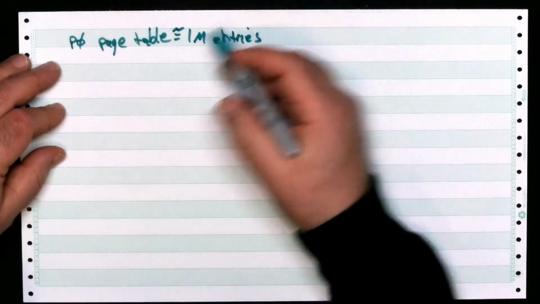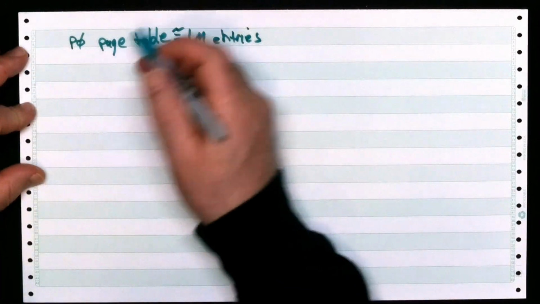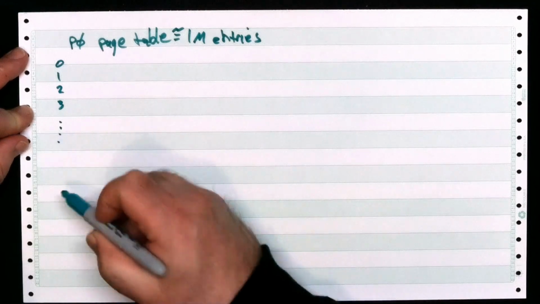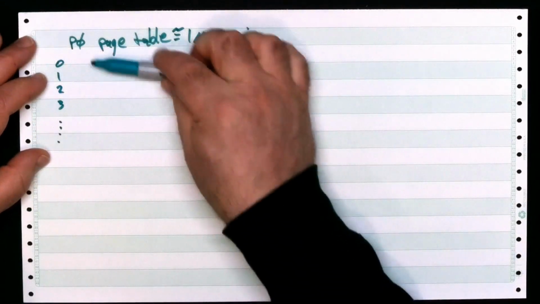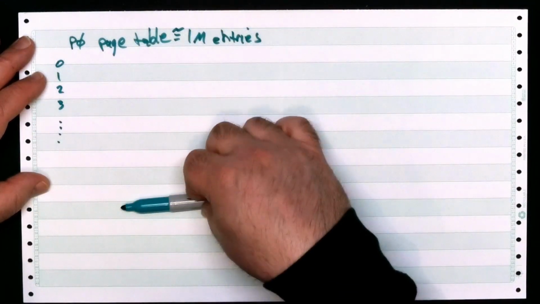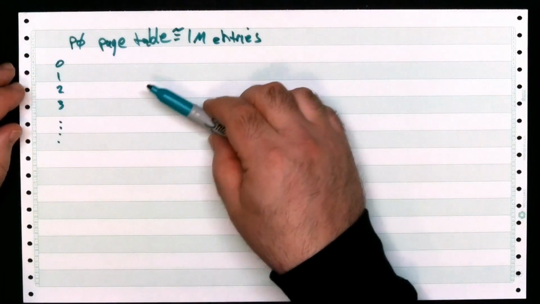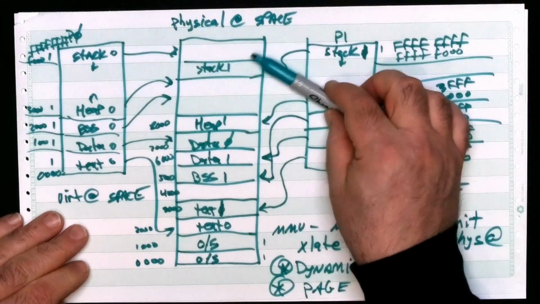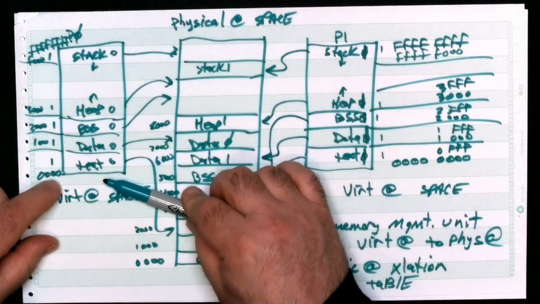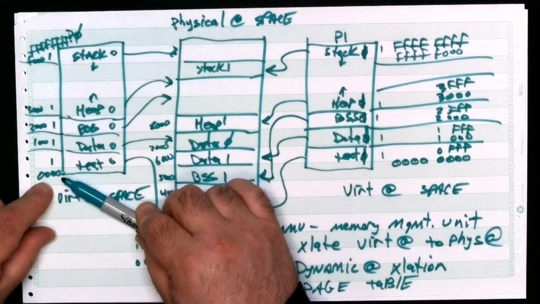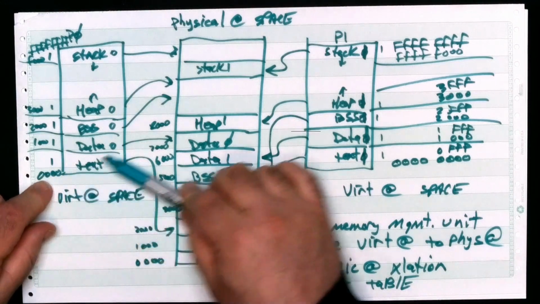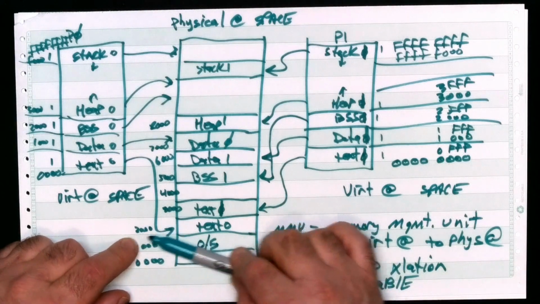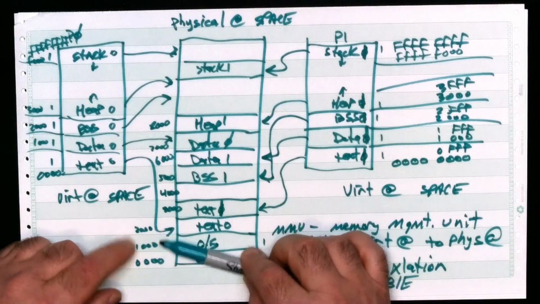So this is just an array, and the page number is used as the index for this array in this table. If I want to know where page 0 is in the physical memory, I'm going to create a table whose element number 0 has a value in it that is 2000 in hex, 0, 1, 2, followed by 3 zeros.